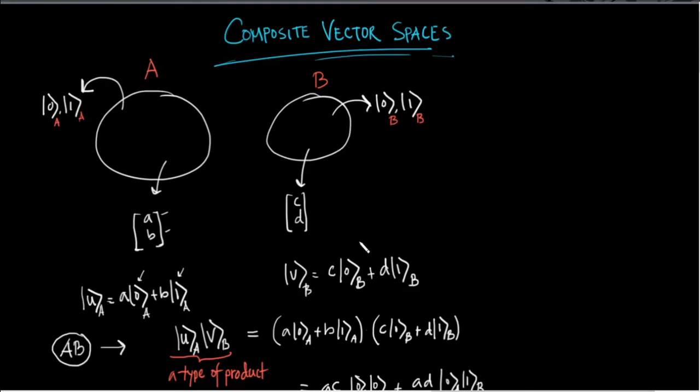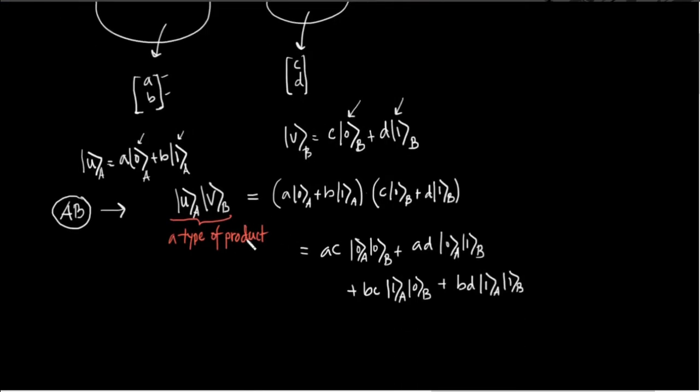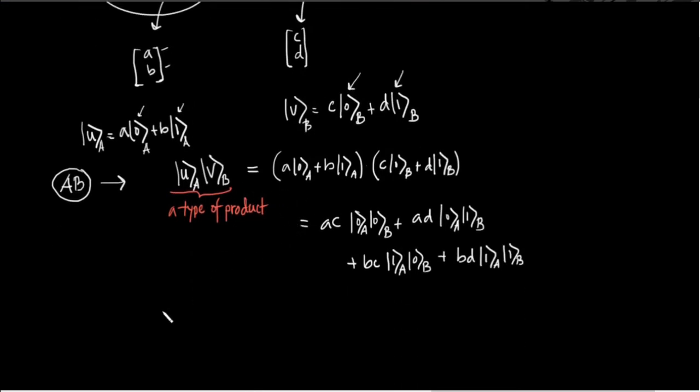We can express any vector of the space B using the states 0B and 1B. So this product vector UV is a state in the combined vector space AB.